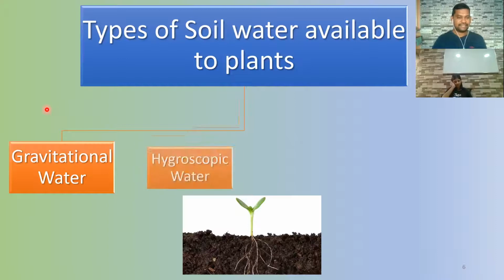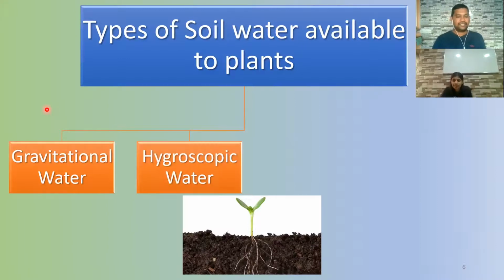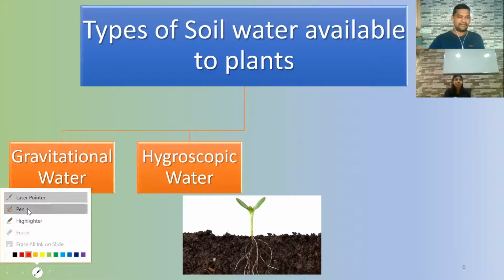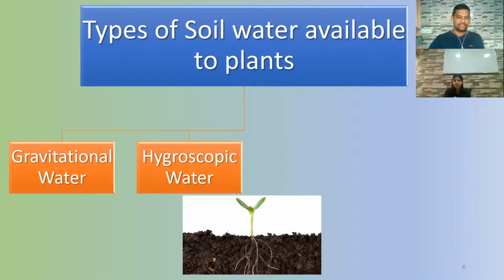Correct. Second type is something called hygroscopic water. Hygroscopic. Now what is hygroscopic water? See this. Soil is actually made up of particles, as I said. Small, big, different shapes and sizes. There will be water molecules.